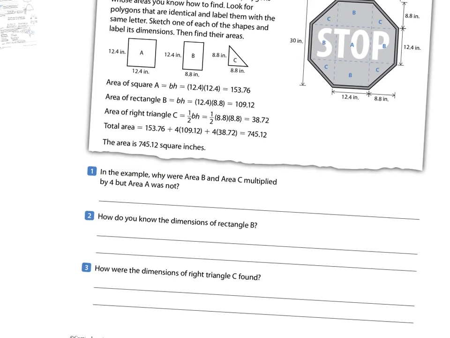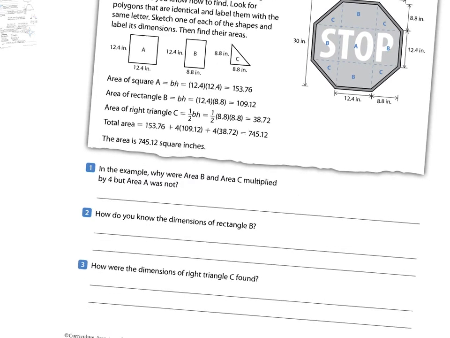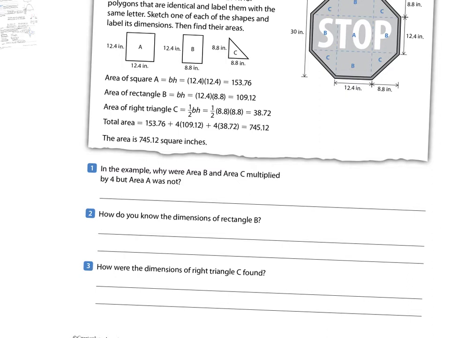It says in the example, why were area B and area C multiplied by 4 and A was not?